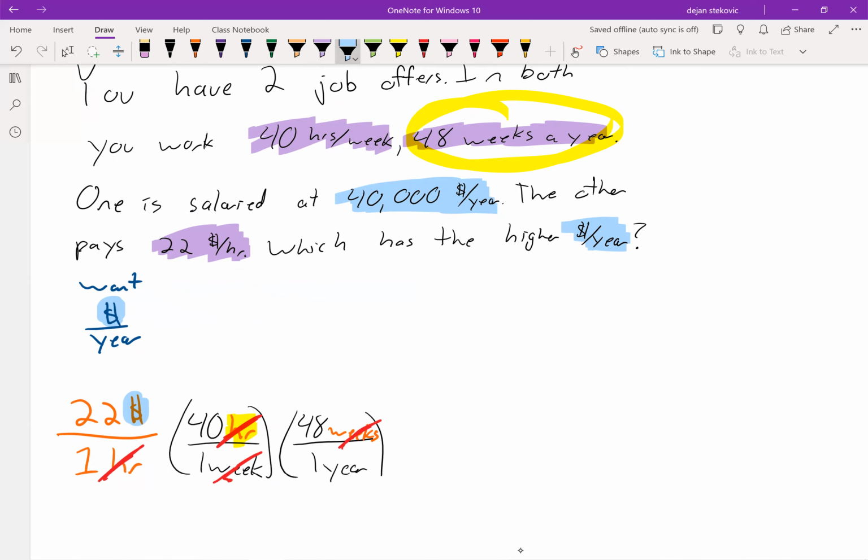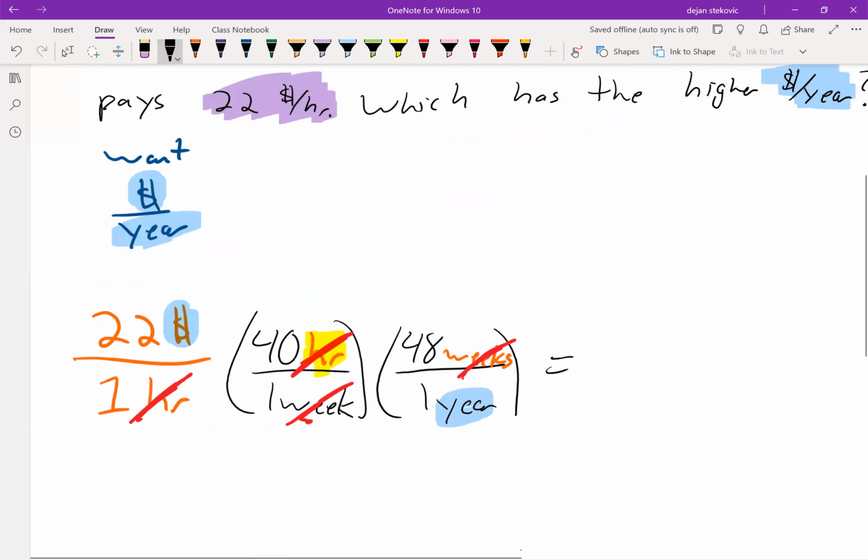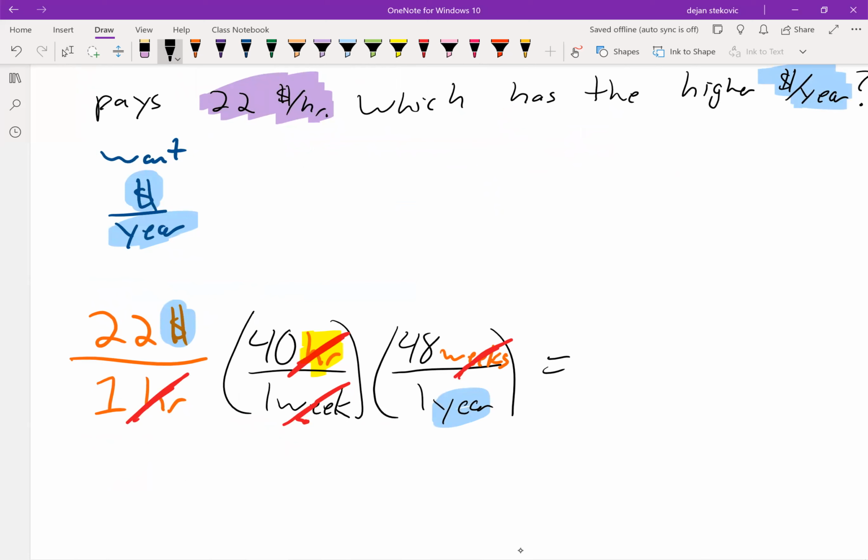Now my denominator is years, which is exactly what I want. And then what I can do is just go ahead and plug that through my calculator. So I take 22 times 40 times 48, and you'd come up with 42,240, or $42,000 a year about.